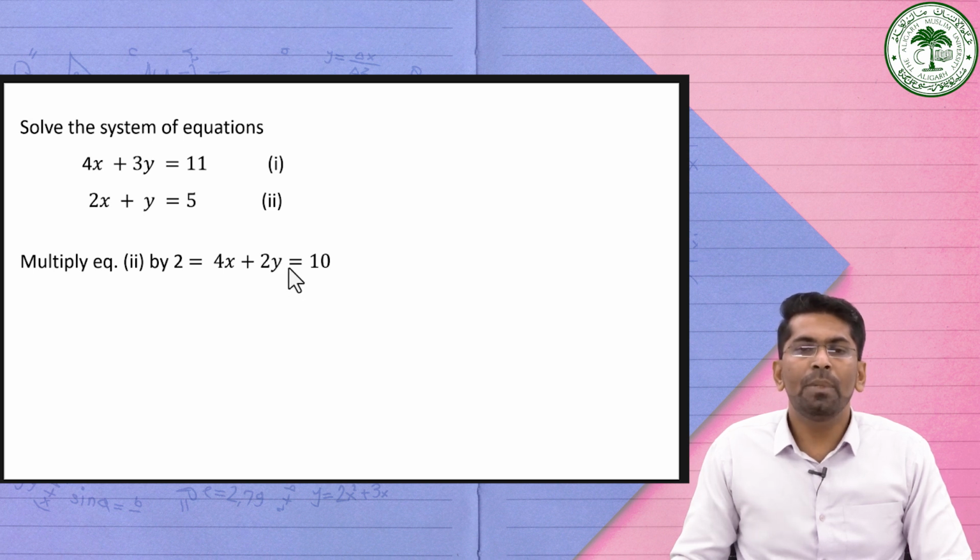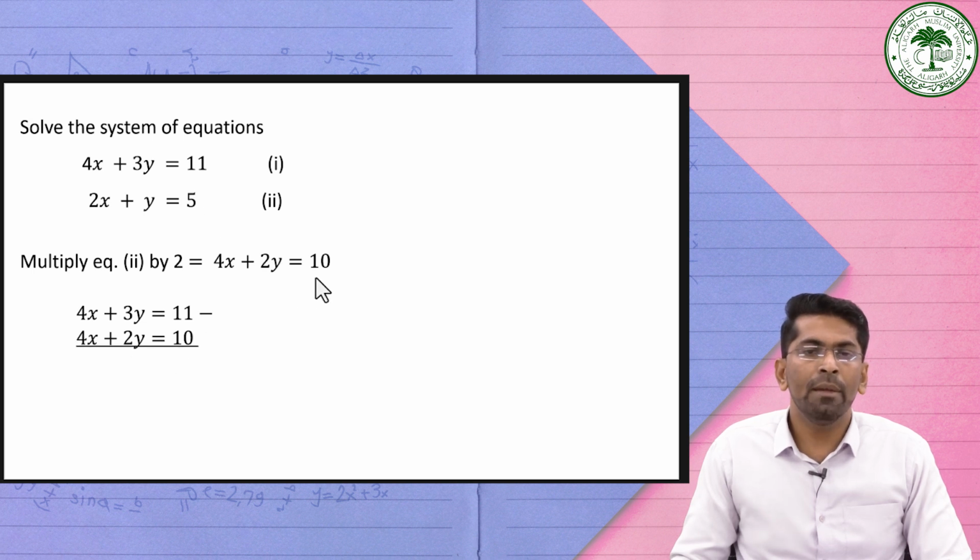Now we may subtract the third equation from equation number 1 so that we can eliminate the x variable. Our equation number 1 is 4x plus 3y is equal to 11, and equation number 3, which we already calculated here, is 4x plus 2y is equal to 10.